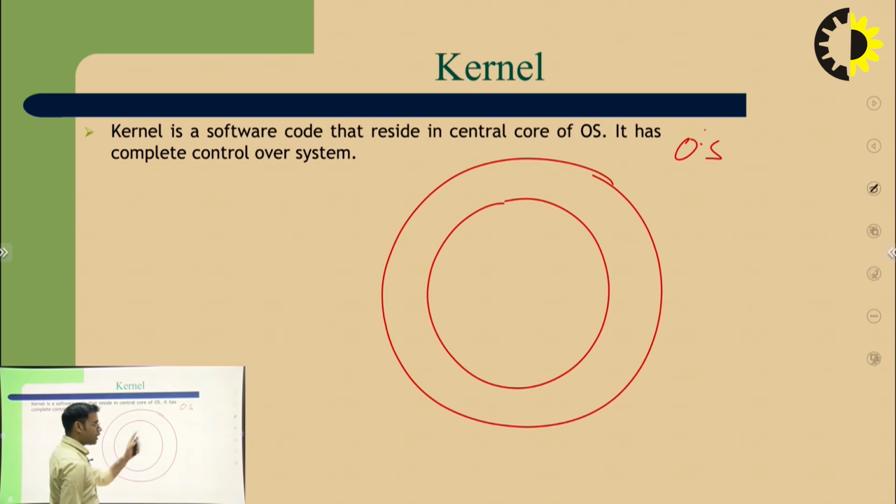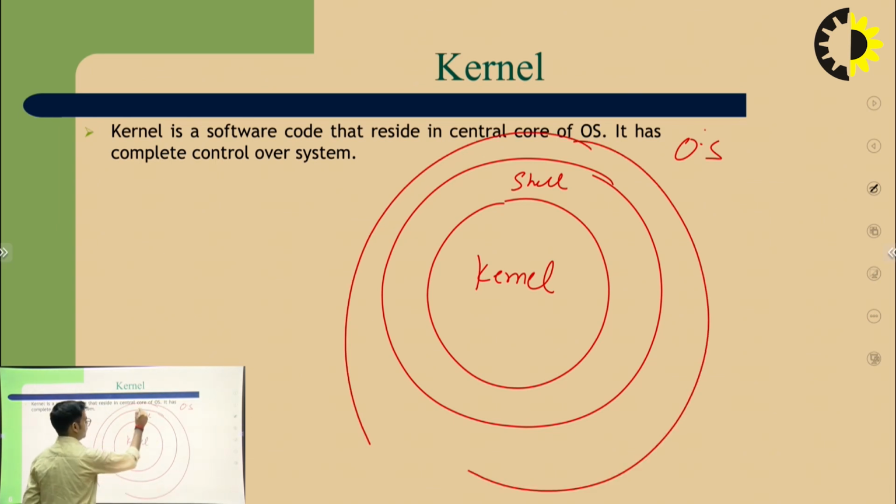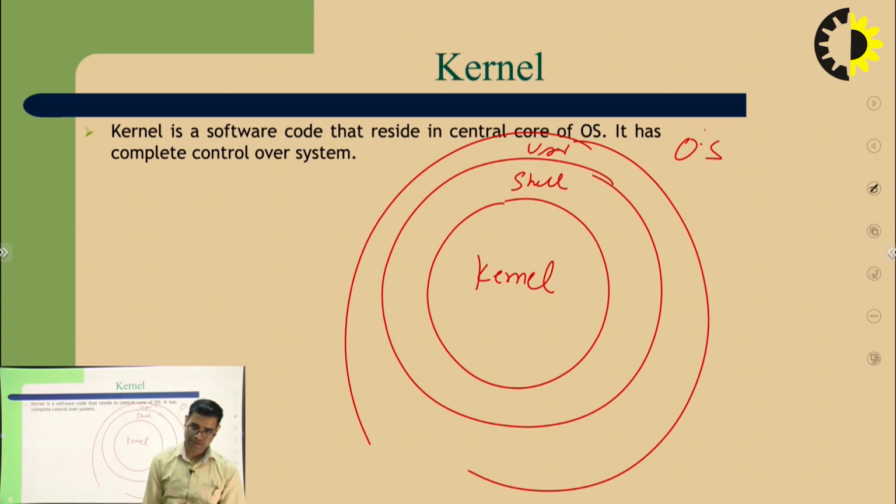The core part of the operating system is called the kernel, and it is the main core functionality of your system. The outermost layer of an operating system is called the shell, and here is the user. The shell is an interface between the user and the kernel. The kernel is the core part.